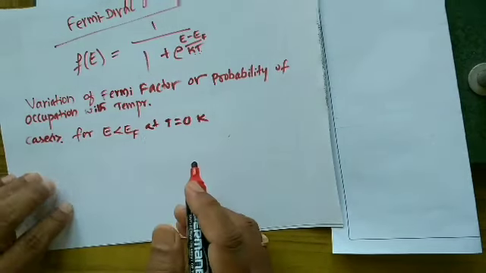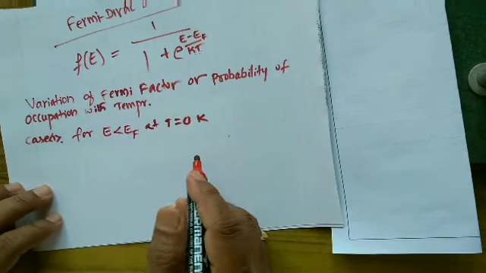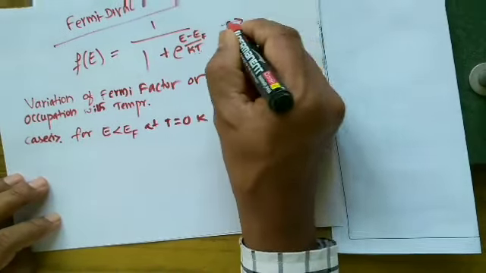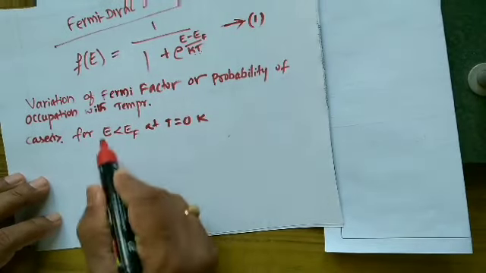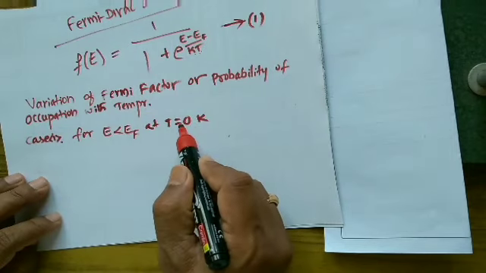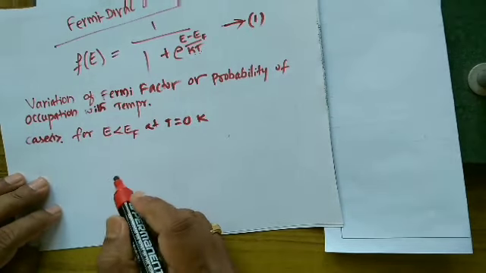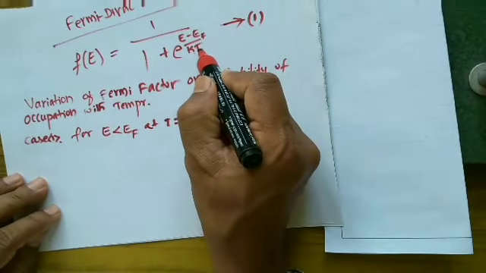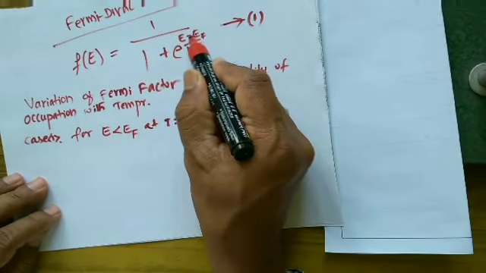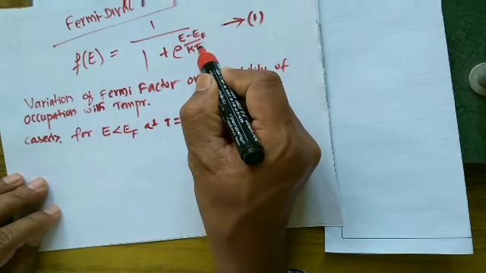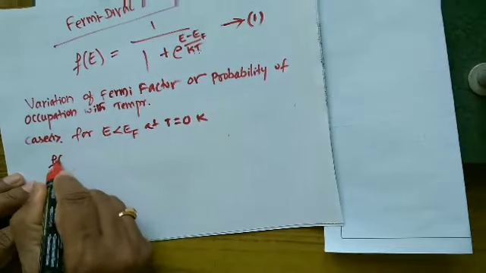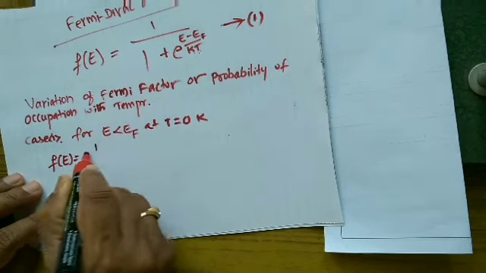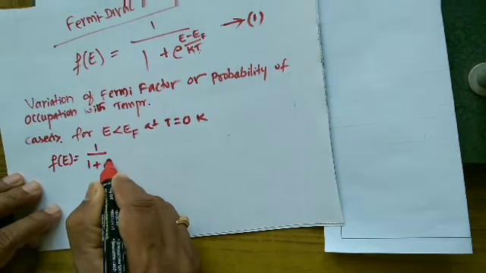We have the equation, let me say it is equation 1. In this equation, if we substitute the values given here, what would be the f of E value? T equal to 0 means the denominator of the exponent becomes 0, so that the power of this exponent becomes infinity. I can write here f of E is equal to 1 divided by 1 plus e power infinity.